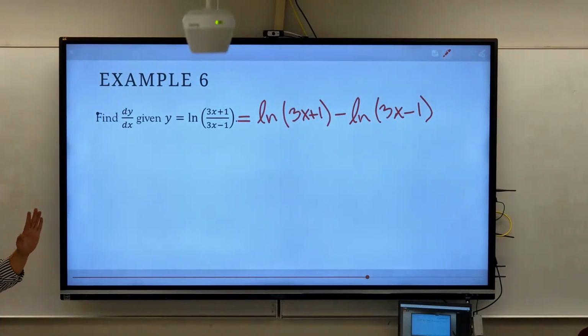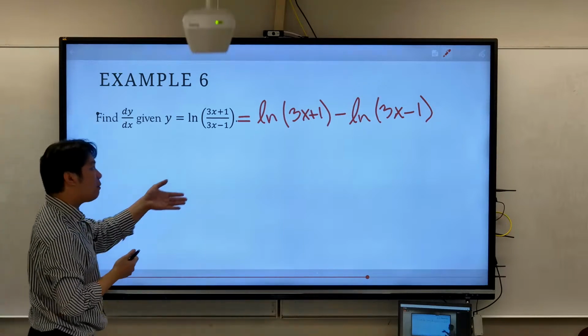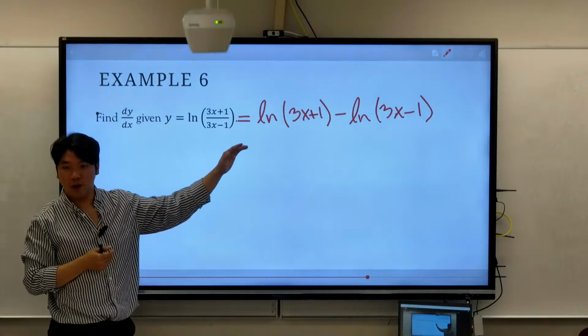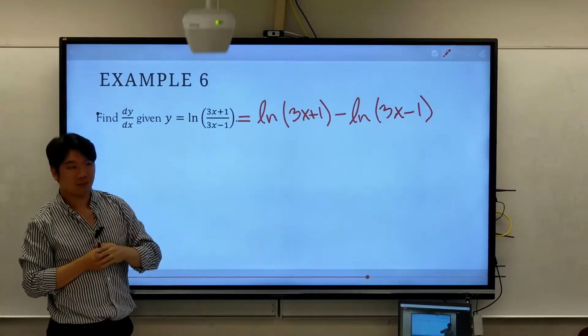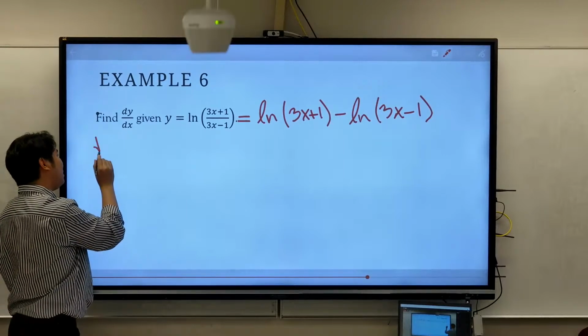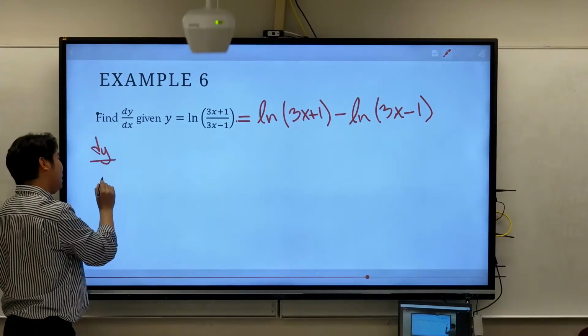I haven't done any derivative work yet. I just rewrote the original problem using a property of the log. The reason I wanted to do this is that, yes, I still need chain rule, but now I have no need for my quotient rule at all.